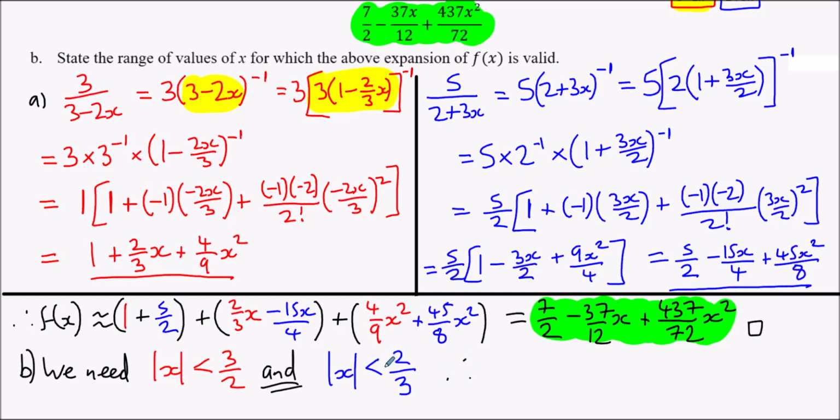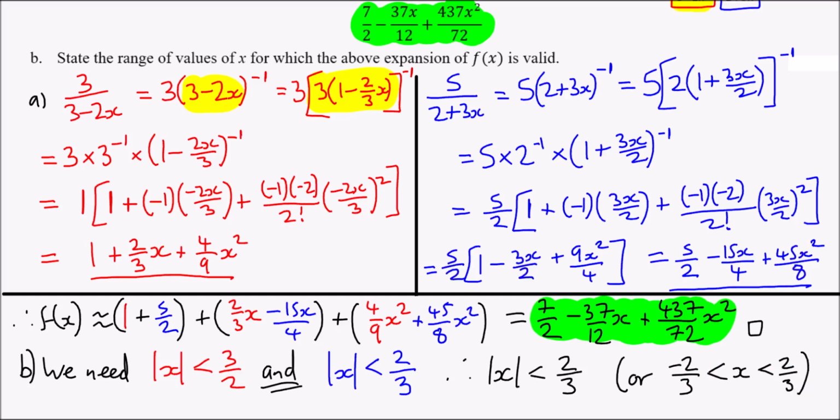Well, if it's anything bigger than 2/3, we're not going to satisfy this blue inequality. So to satisfy both, we need the size of x to be less than 2/3. Or to put it a different way, we need x to be between minus 2/3 and positive 2/3.